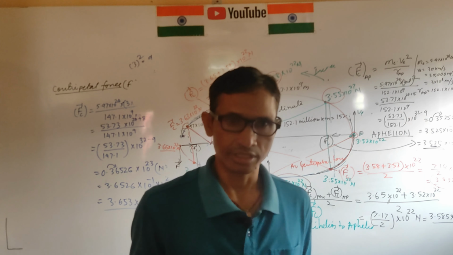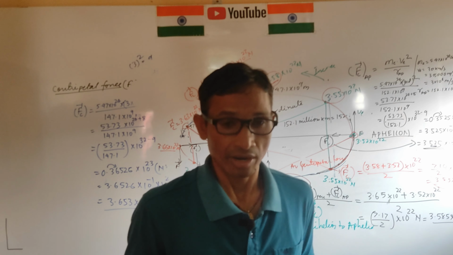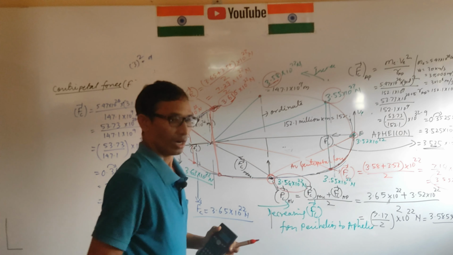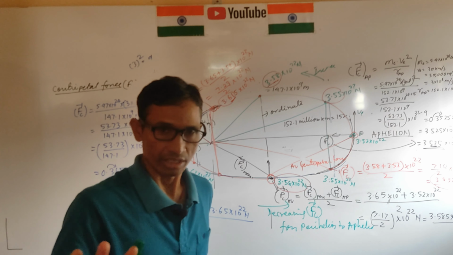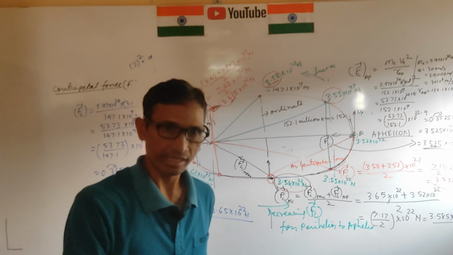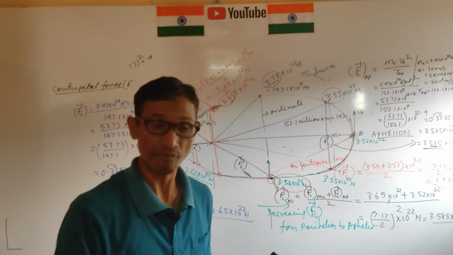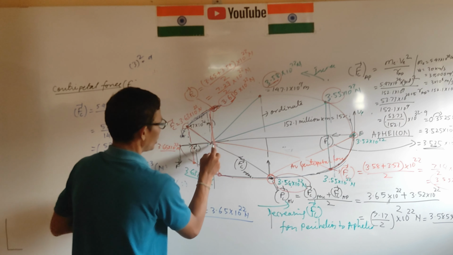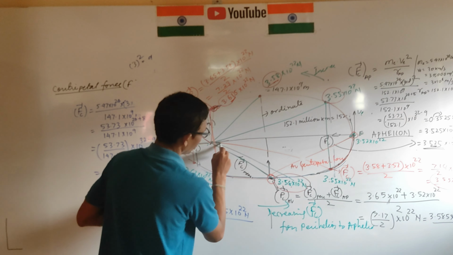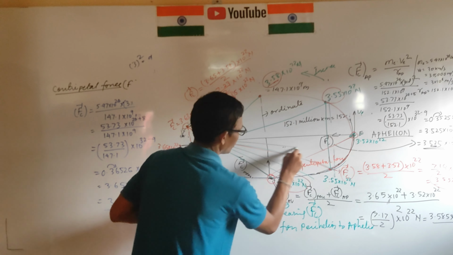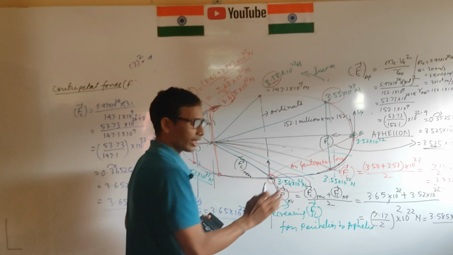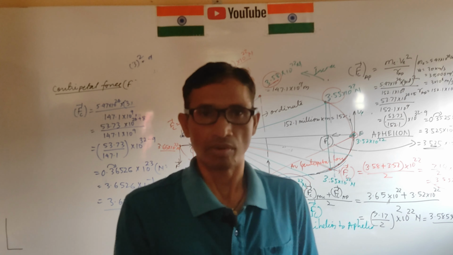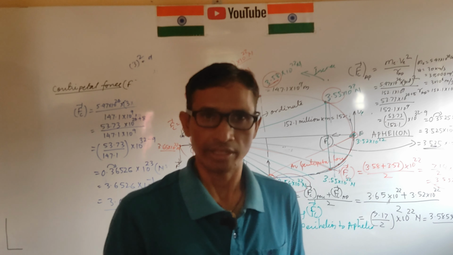In this case we can understand that the path will not be a circle. If the centripetal force were constant, the radius would be fixed everywhere. Here the radius is not fixed; it keeps changing, and the centripetal force also changes from one point to another.